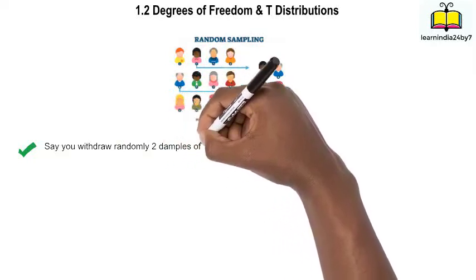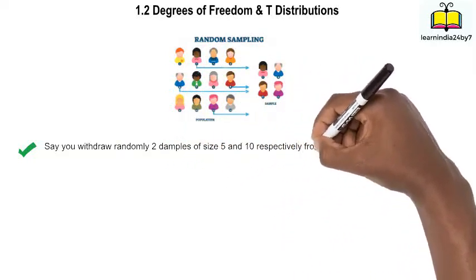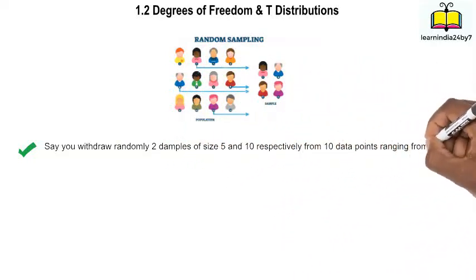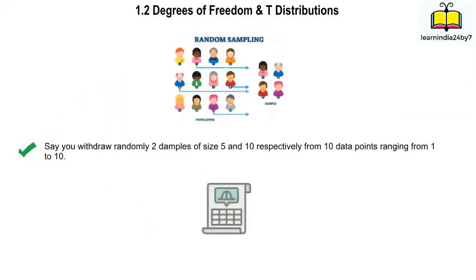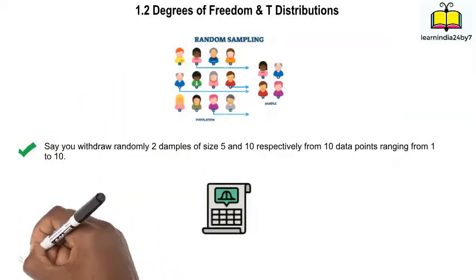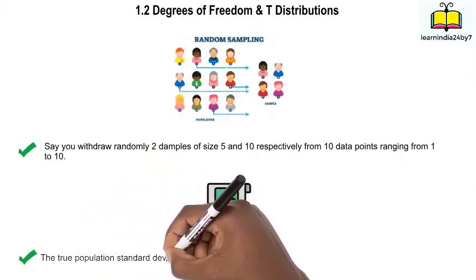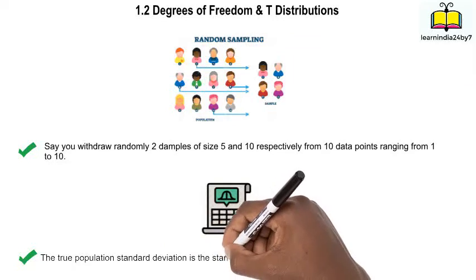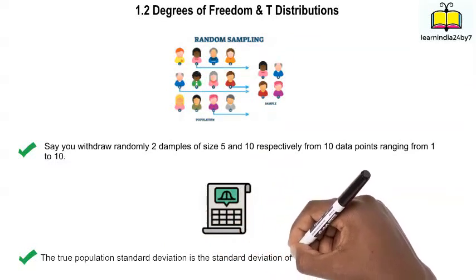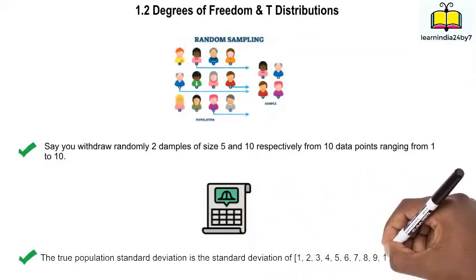Let's say you draw randomly two samples of size 5 and 10 respectively from 10 data points ranging from values 1 to 10. The true population standard deviation in this case is the standard deviation of the values 1 to 10, which is 2.872.